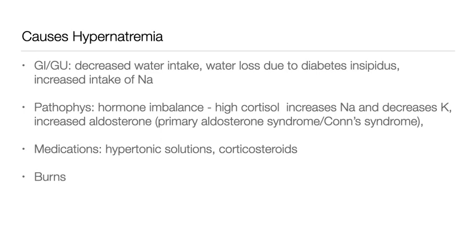Increased aldosterone due to primary aldosteronism or Conn syndrome can also cause hypernatremia. Medications included in this would be hypertonic solutions and corticosteroids, both of which can cause hypernatremia.